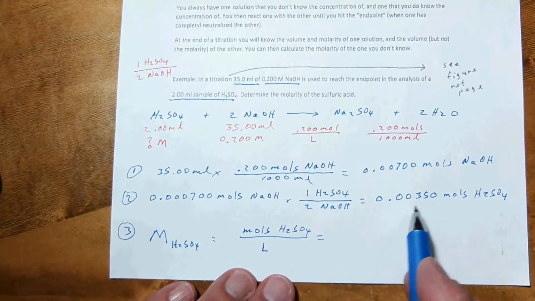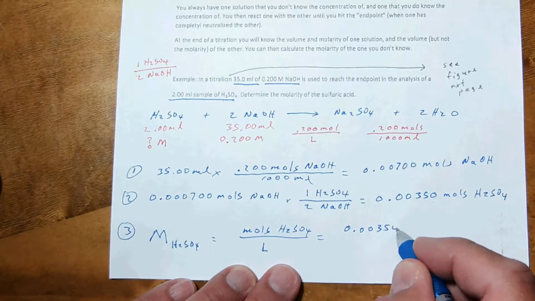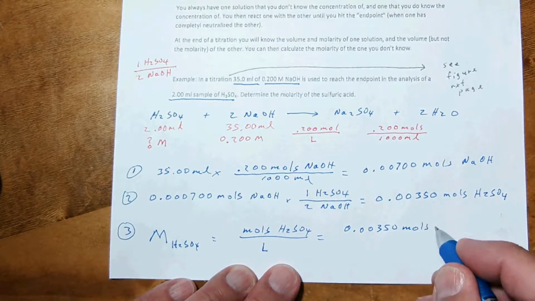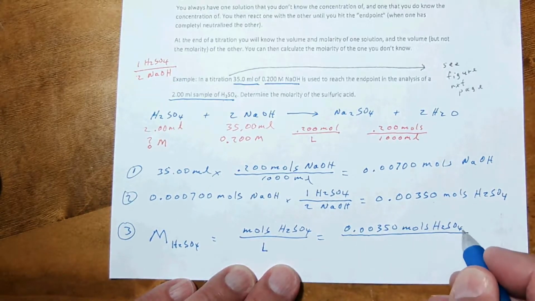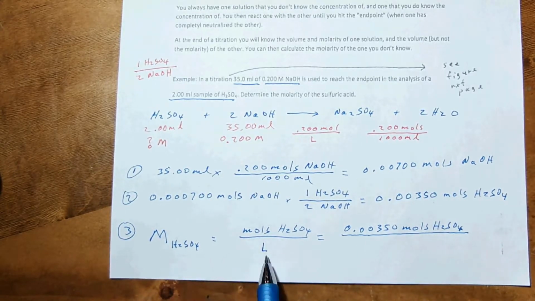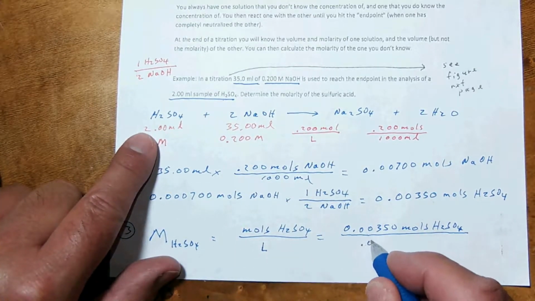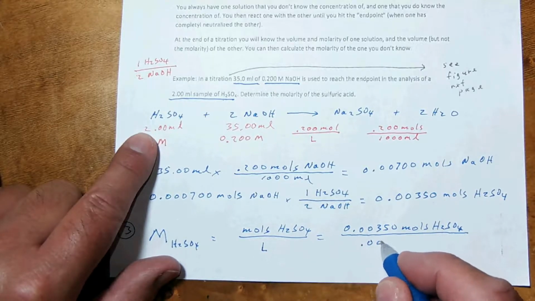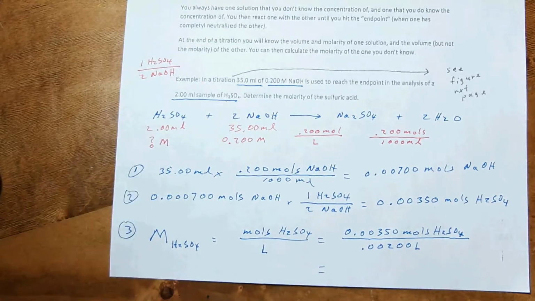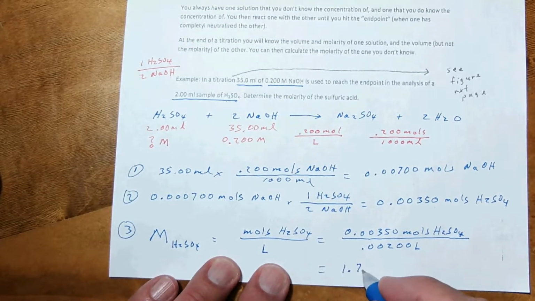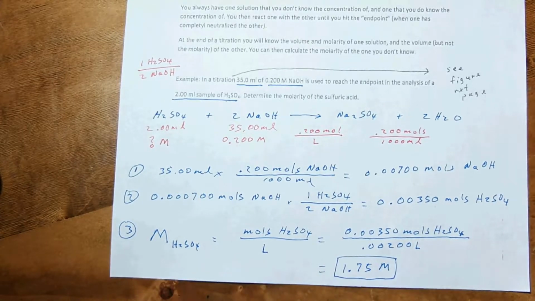Oh, it's going to be this number for the top number, 0.00350 moles of H2SO4. How many liters? Well, we used 2 milliliters. That's 0.00200 liters. The molarity of the acid is 1.75 molar.